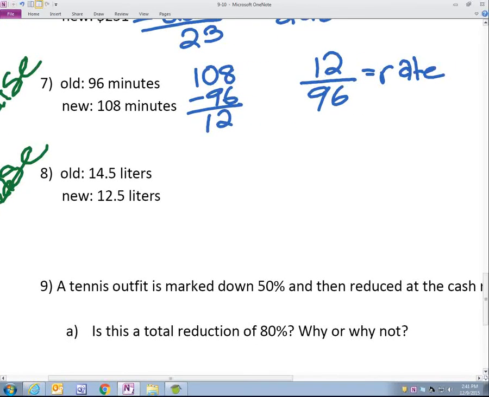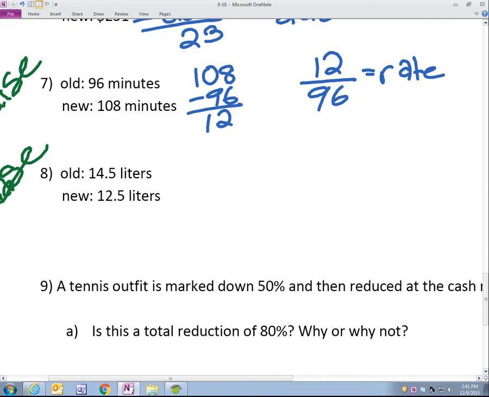Yes, sir? If it asks you to, yes. But the bottom line is I want you to identify whether it's an increase or decrease with just an I or a D. That way you know if it's supposed to be a positive or negative number. All right.